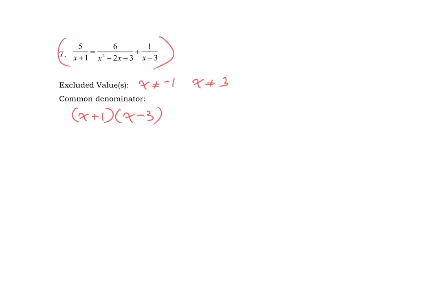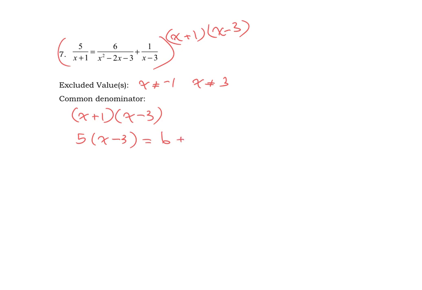Going to multiply that x plus 1 times x minus 3 towards everything. So the first fraction, the x plus 1s, leaves me the x minus 3. So I do 5 times x minus 3 equals that fraction with the 6 on top, everything goes away, so I'm just left with 6.